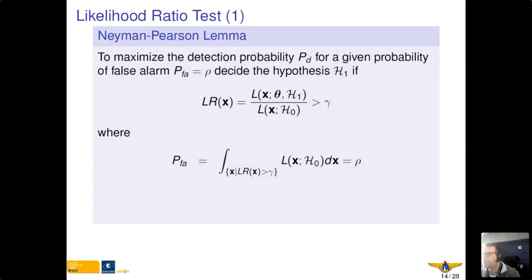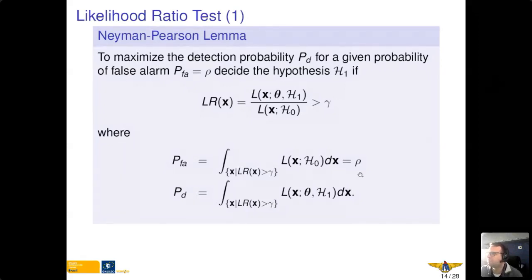And then there's also the probability of detection. We can calculate this by integrating the likelihood over all x with the property that the likelihood ratio is above this value gamma. This is the threshold that we will choose, and then we integrate over the likelihood with respect to hypothesis H1.